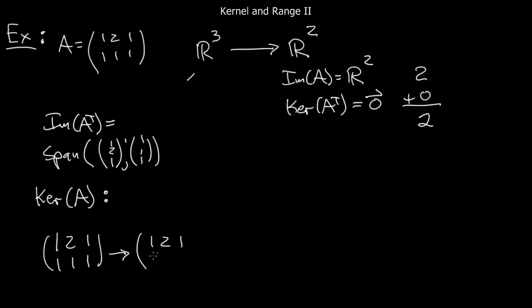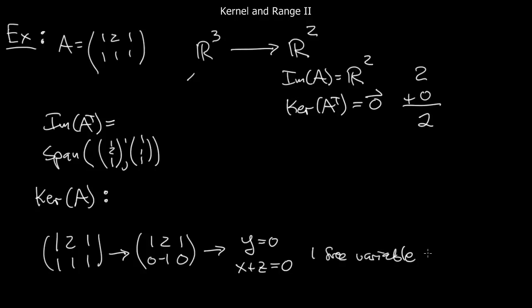You apply Gaussian elimination and you get this matrix here, and that's in row echelon form. There's one free variable, which is z, and y is required to be equal to 0. And so you see that this is 1-dimensional. The free variable is z, so the kernel is vectors of the form (-z, 0, z). That's 1-dimensional. It's the span of (-1, 0, 1).